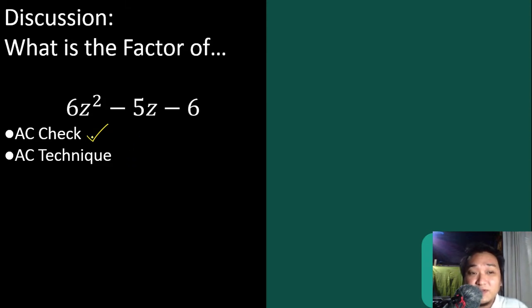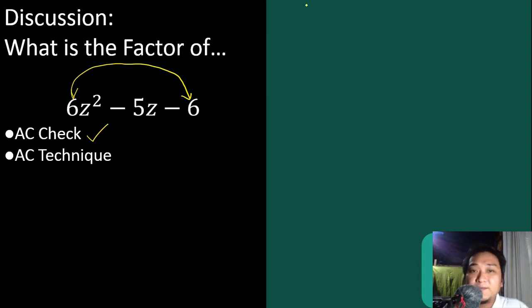So, paano natin to i-check using the AC method? Ayan. So, ang unang gagawin natin is we are going to multiply this number to this number. Meaning, imumultiply natin yung numerical coefficient ng first term at saka nung numerical coefficient nung last term. Take note, numbers lang. Hindi na kailangan yung mga variables.